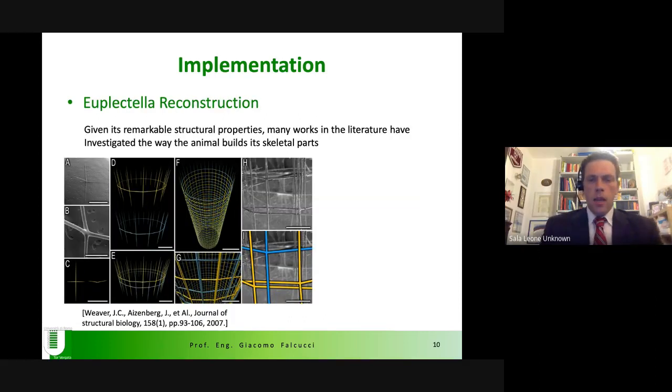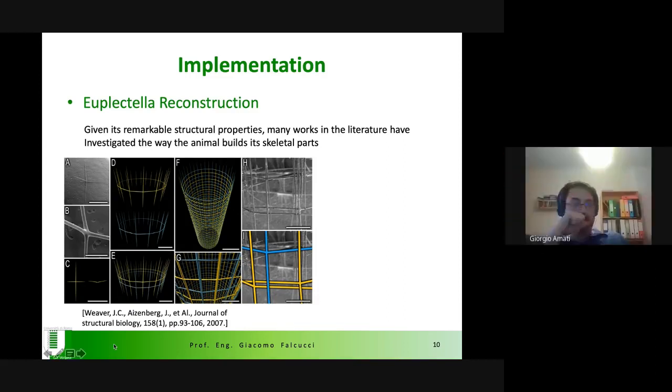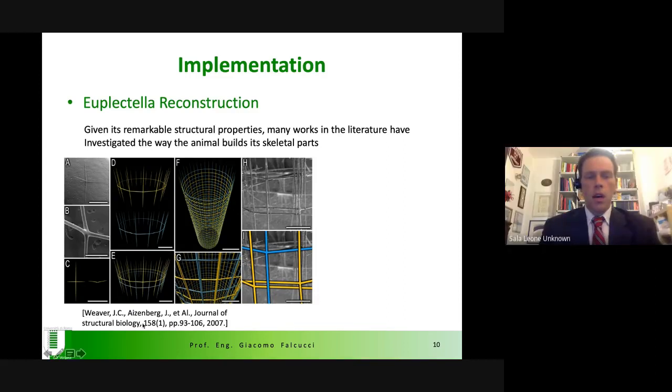Due to the many works done regarding the structural properties of this exoskeleton, which are, as I told you before, remarkable, we capitalized on the work by the group of James Weaver in the Journal of Structural Biology and reconstructed the modular structure, in which some ridges are also present to reinforce this network.